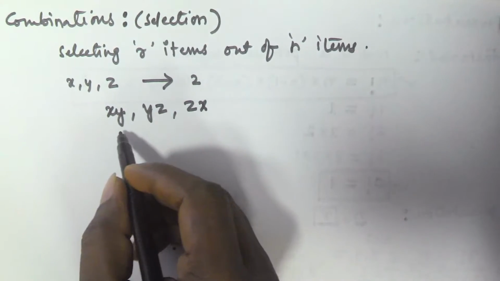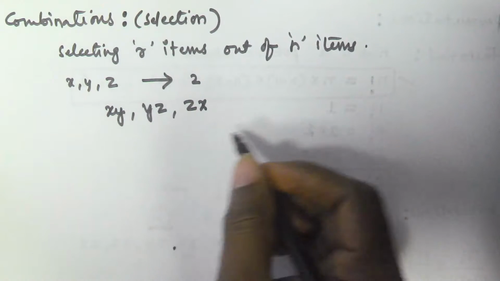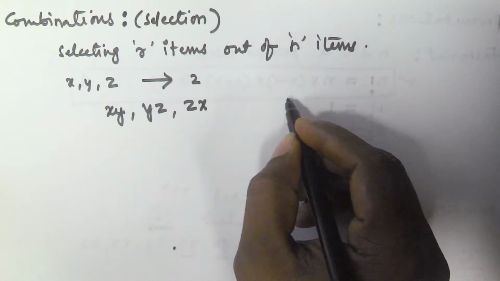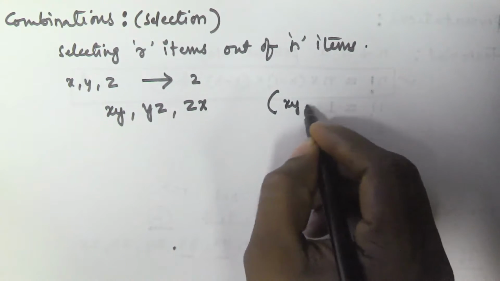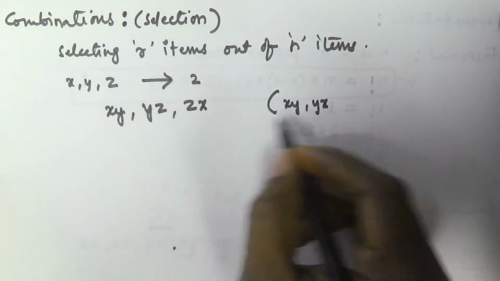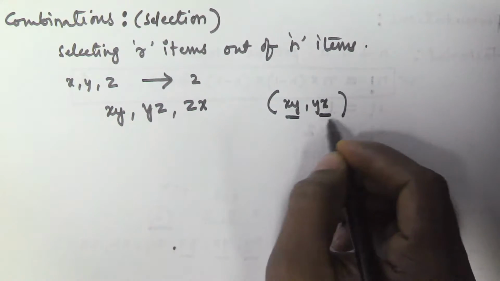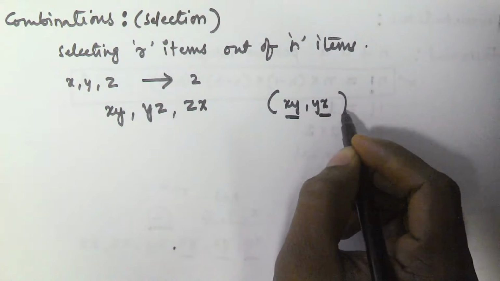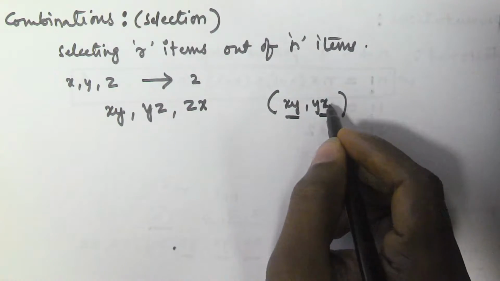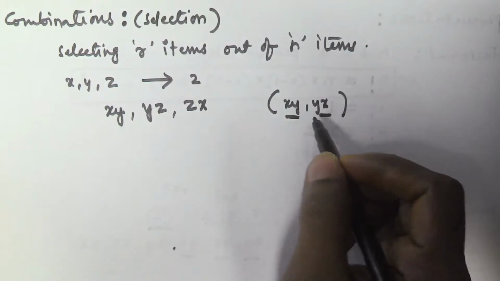Here the order is not important. But when it comes to permutations, the order is very important. In permutations, xy and yx are different, but in combination, xy and yx are the same, because the order is not considered here.